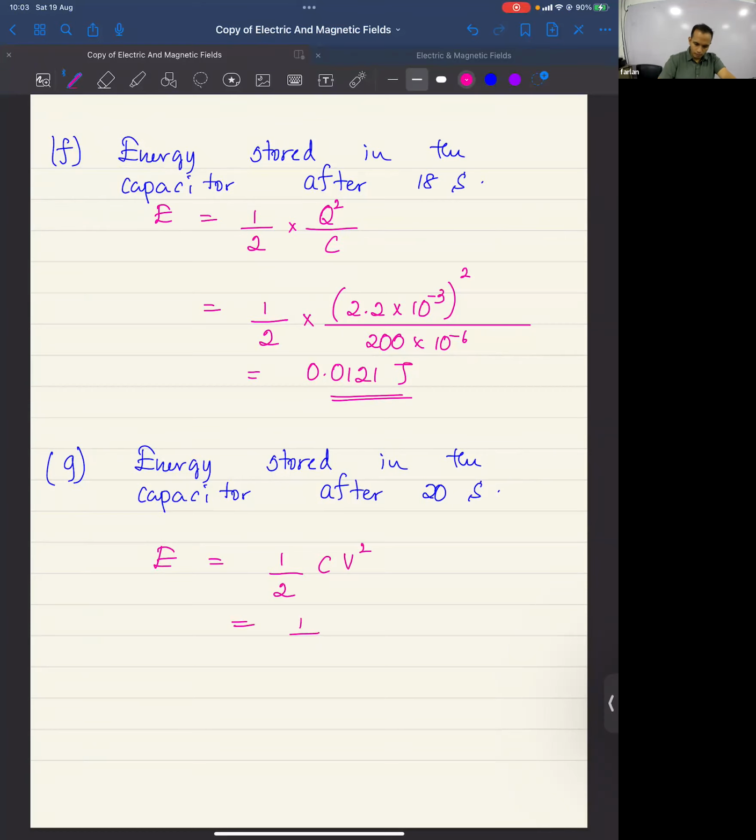So half, C is 200 into 10 to the power minus 6, V is 10.3, and that needs to be squared. 0.0106.